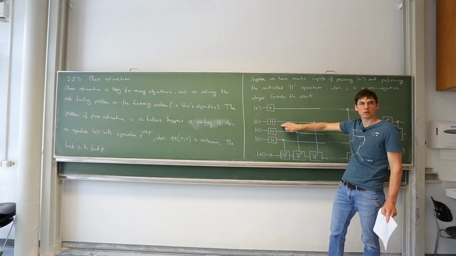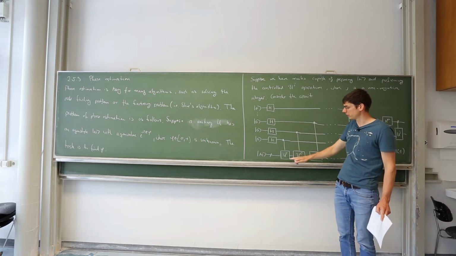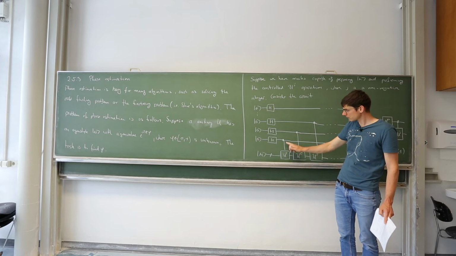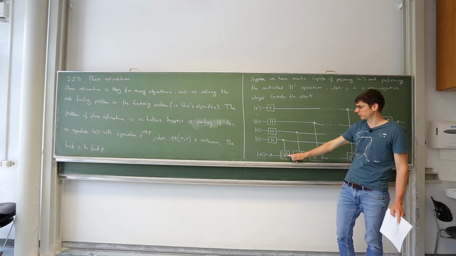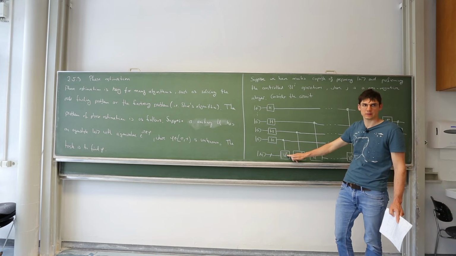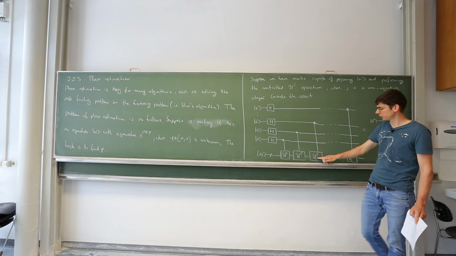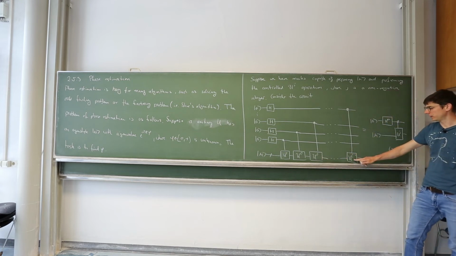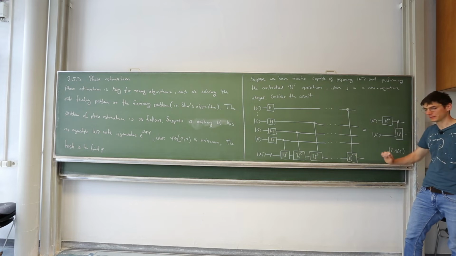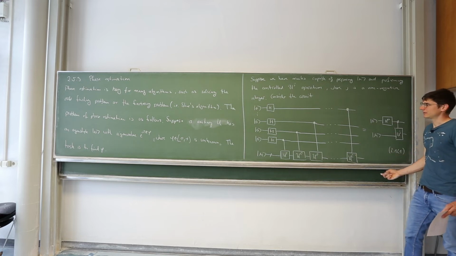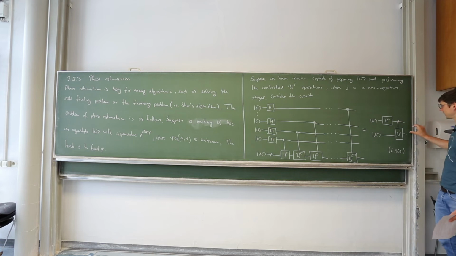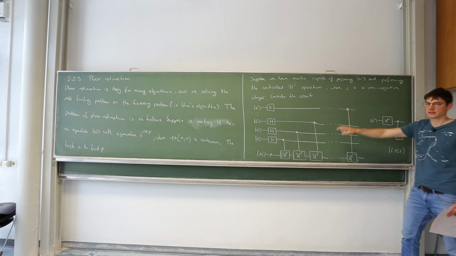First we Hadamard them all, and then we perform controlled unitary operations. So this one controls a unitary where U is taken to the power of 2 to the power of 0, then this is taken to the power of 2, then U to the power of 4, and so on, until we are at U to the power of 2 to the power of n minus 1. This is the circuit. This is the first part of the circuit, and this is how we illustrate it. The reason is that there is a second part that we discuss in a second. So first, let us discuss this first part.